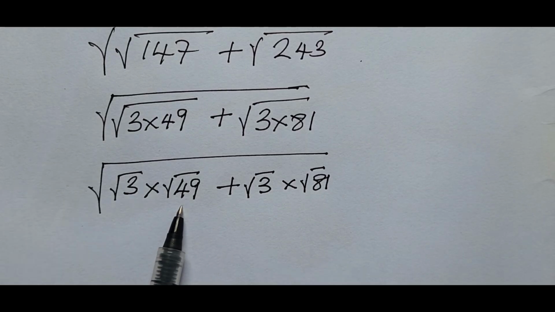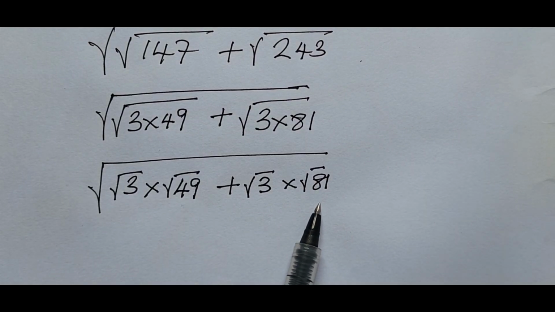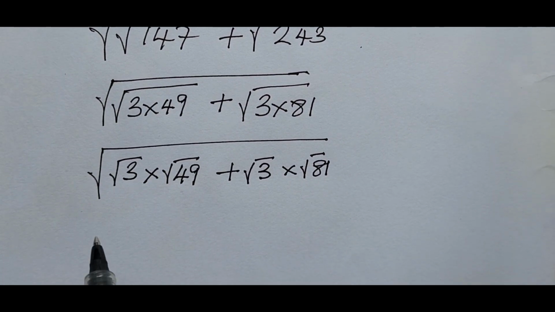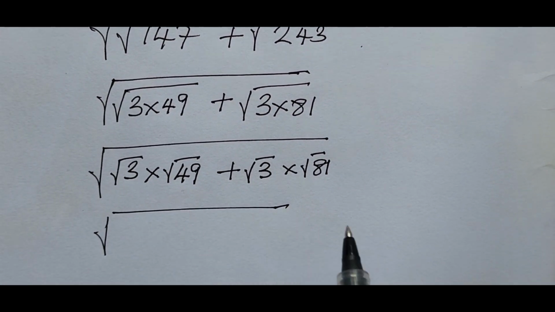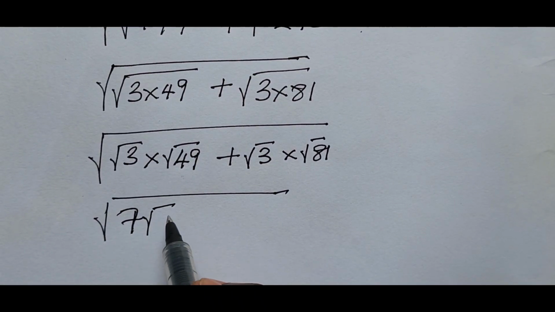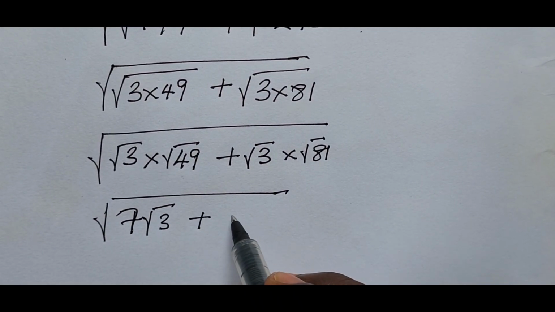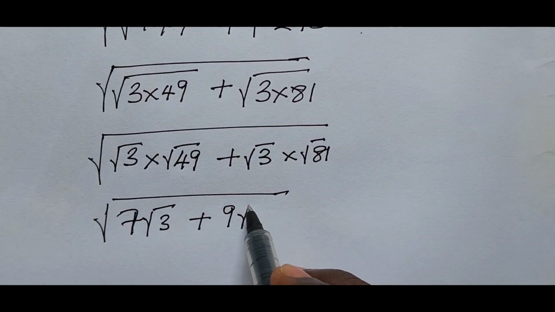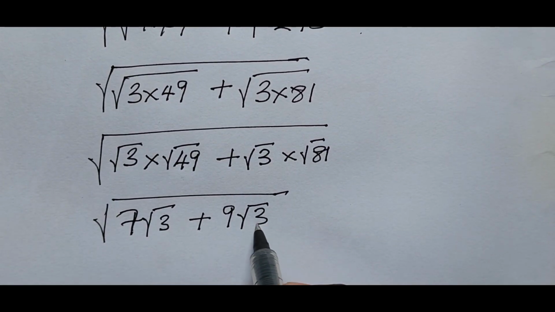The square root of 49 is 7, and that of 81 is 9. So this is going to give us 7 times the square root of 3, plus 9 times the square root of 3.